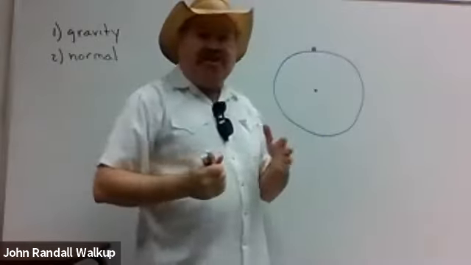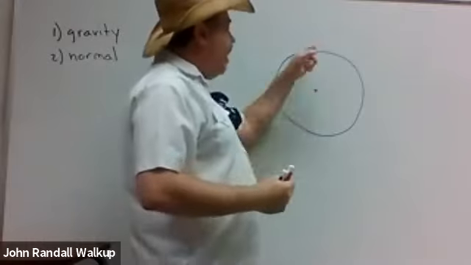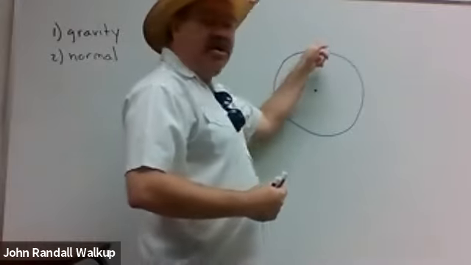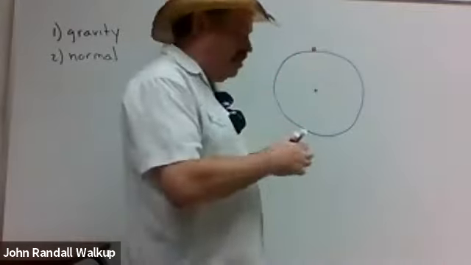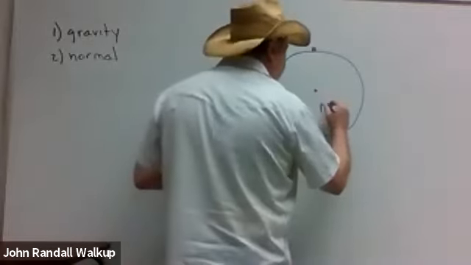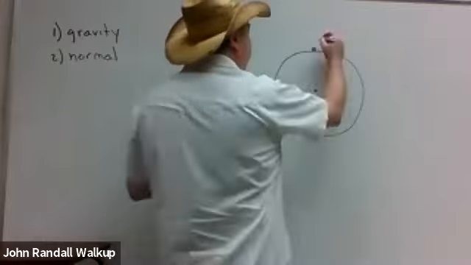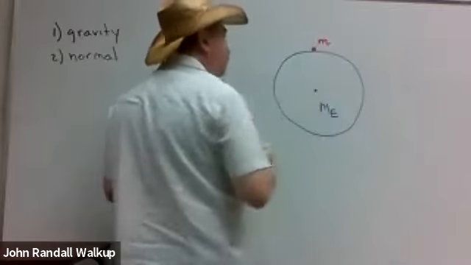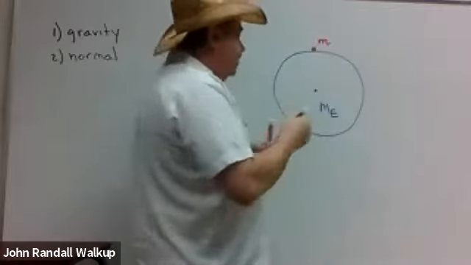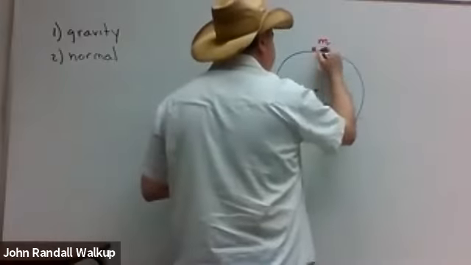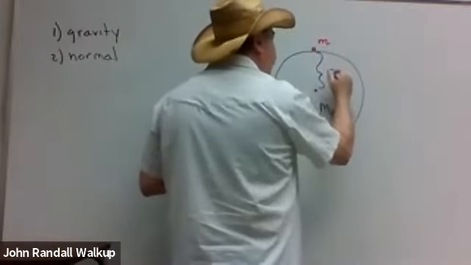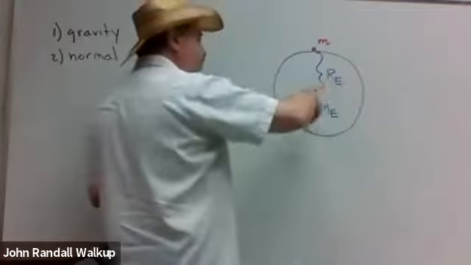What is the force of gravity acting on this marker due to the Earth? Well, the Earth has a mass M_E, and of course this is the mass of the marker. We'll just call it little m. This distance is the radius of the Earth, right?